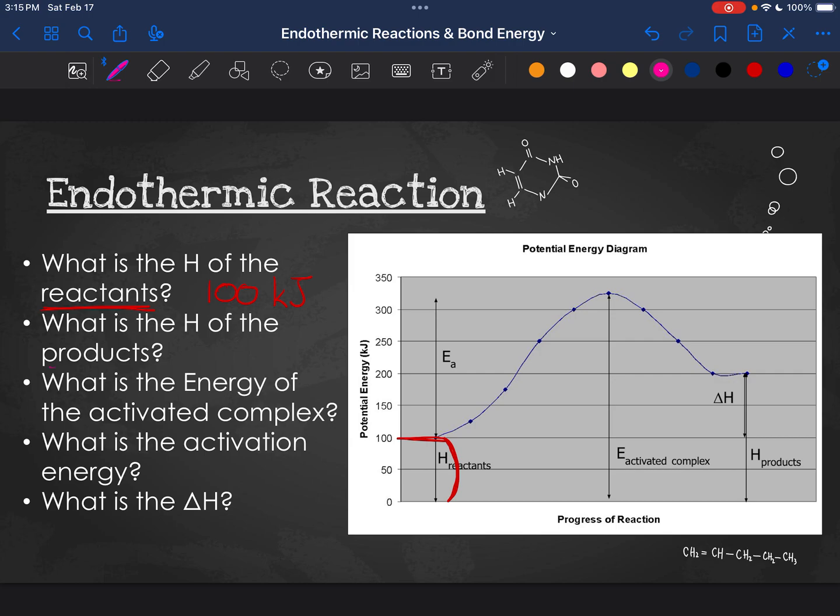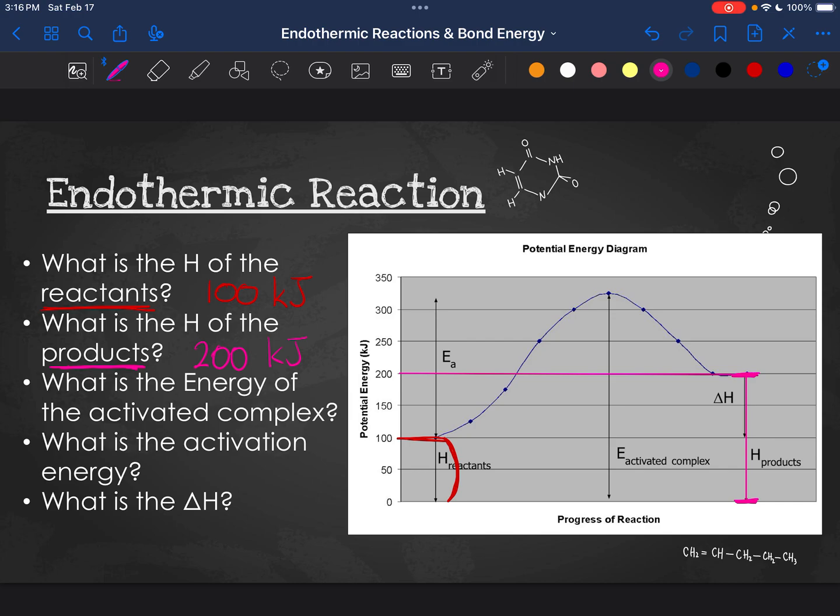What is our product going to be? Well, the product right now is from where the product is all the way down to the bottom, because if you don't remember, the product is basically just the product. There's nothing we subtract or anything. So this peak right now is 200 kilojoules.